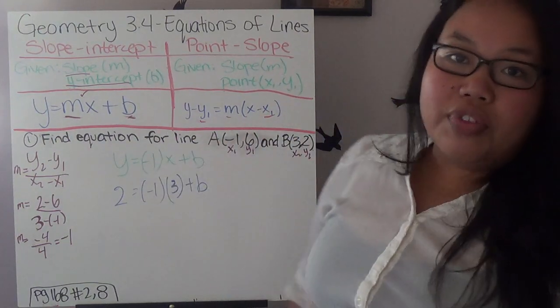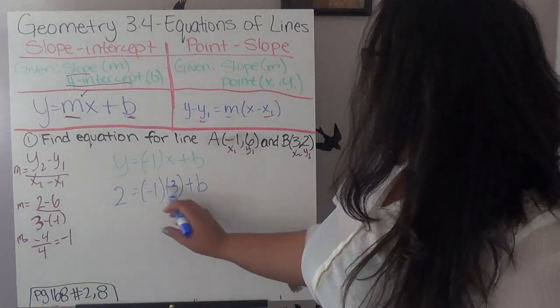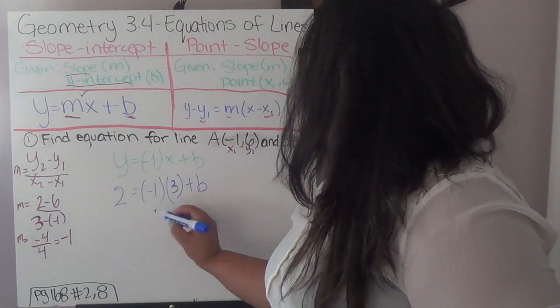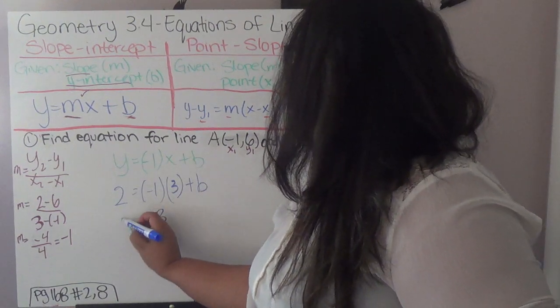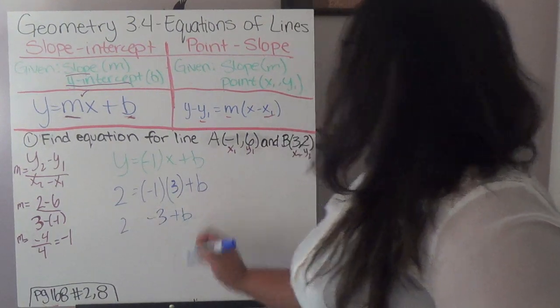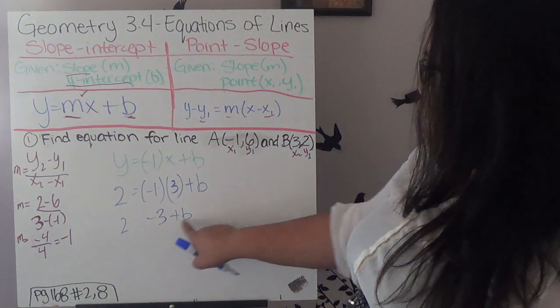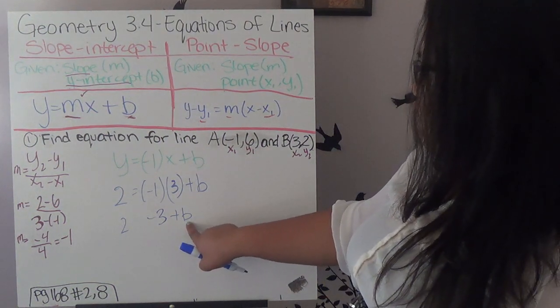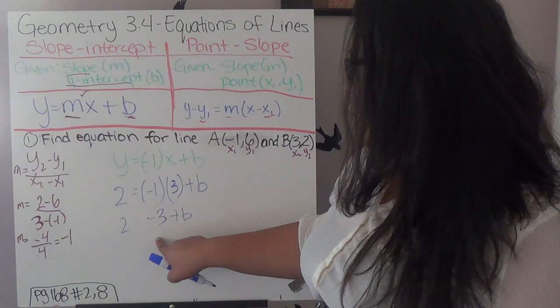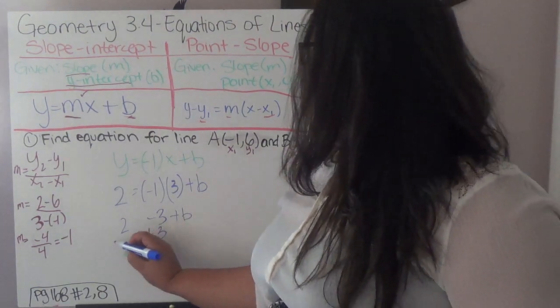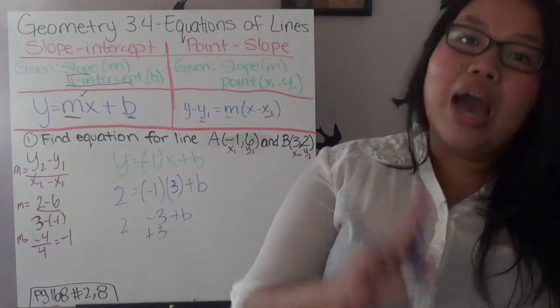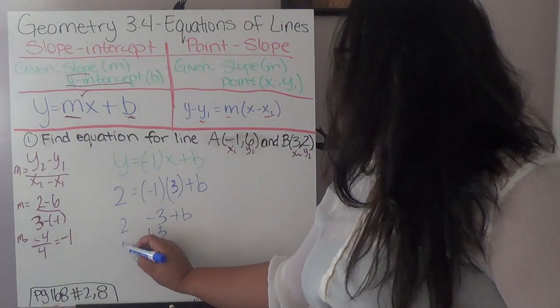So now let's just solve this like regular algebra. 3 times -1 is -3, and I bring down the 2 plus b. Now I have to do the opposite to isolate b. Since this is being subtracted by 3, the opposite would be to add 3, and what I do on one side, I have to do on the other.